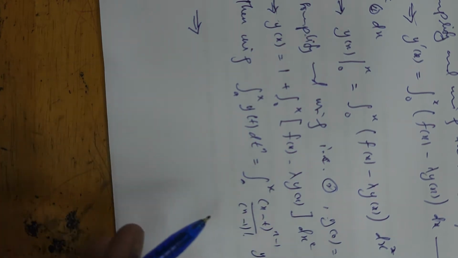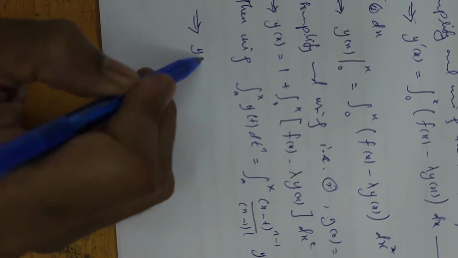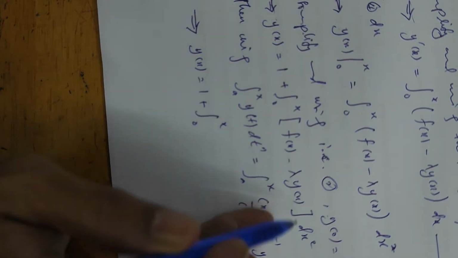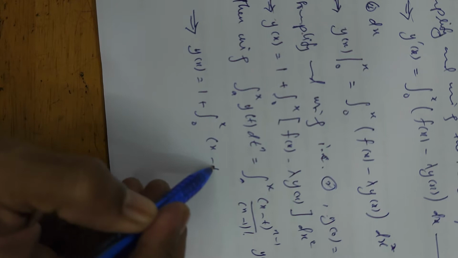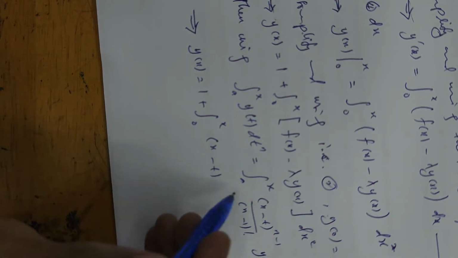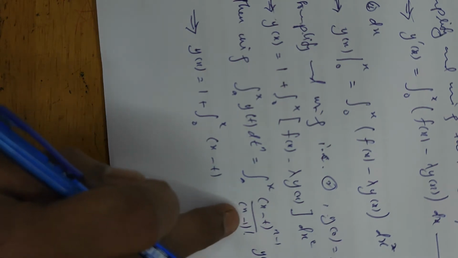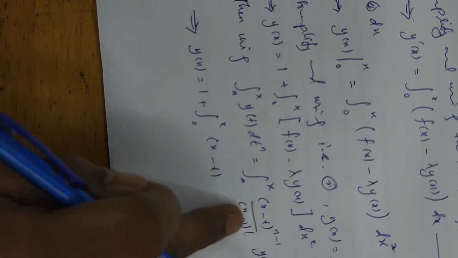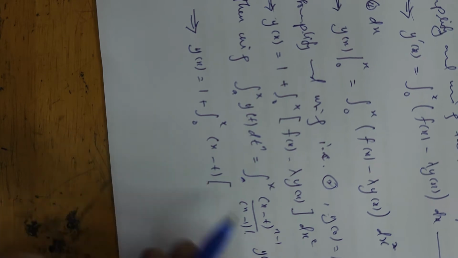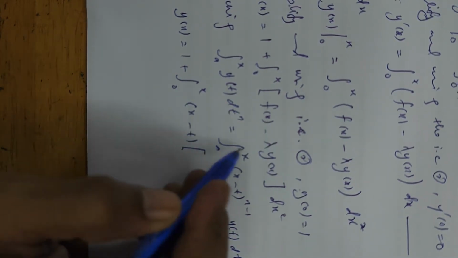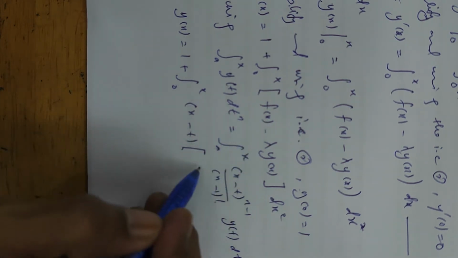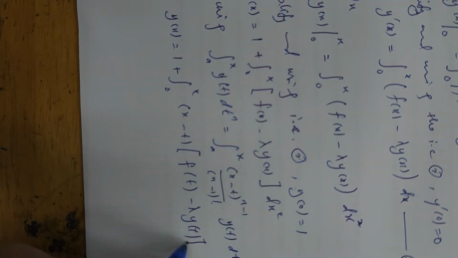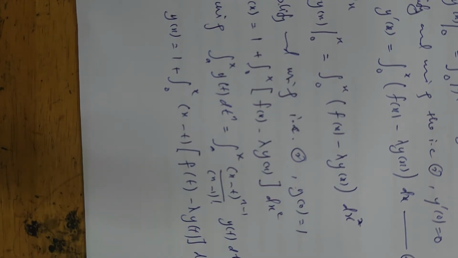If you do this, we are going to have y x is equal to 1 plus the integral from 0 to x of x minus t, where n is 2, over 1 factorial, times f t minus lambda y t, dt.